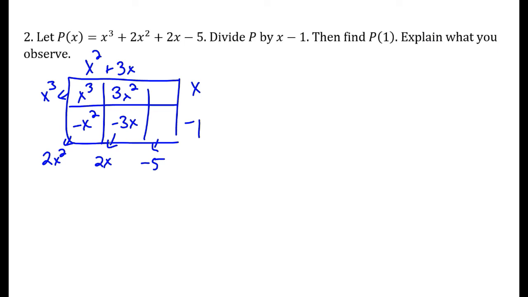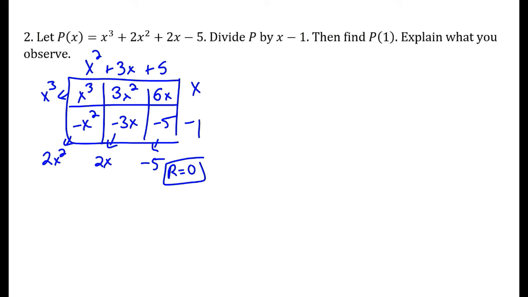So it looks like I need 5 of them. Well, 5 times negative 1 is negative 5, so I don't have a remainder. So when I divide p by x minus 1, I get x squared plus 3x plus 5. My remainder is 0 in this case.